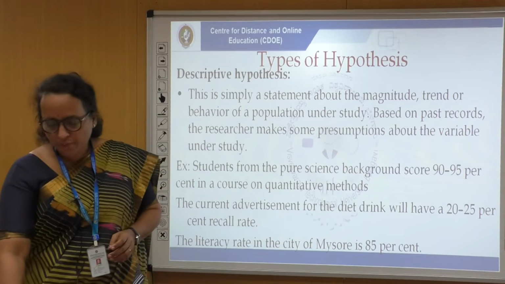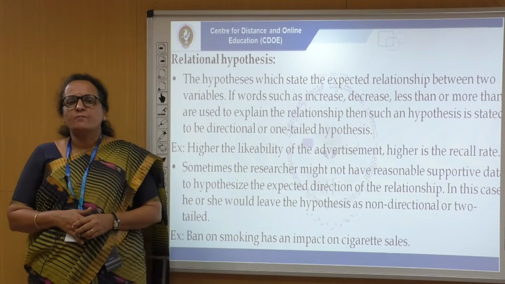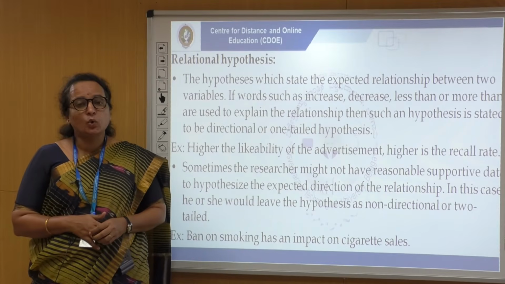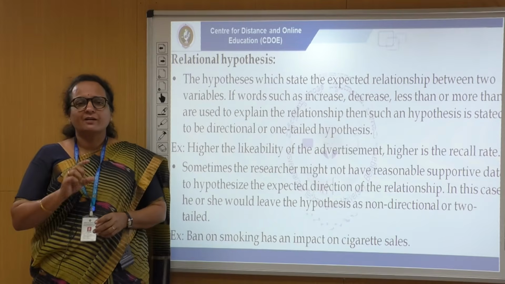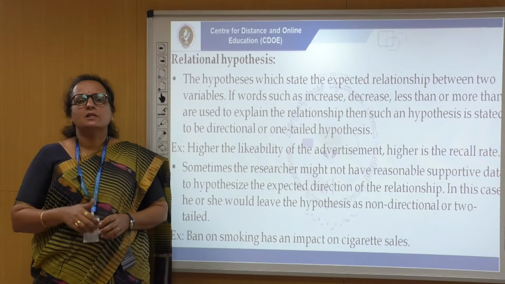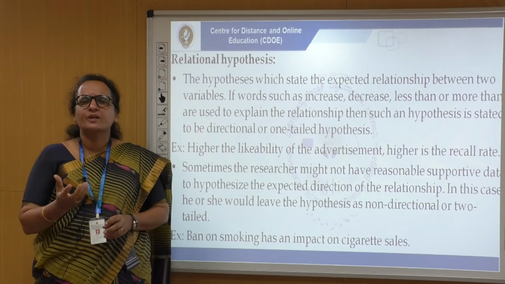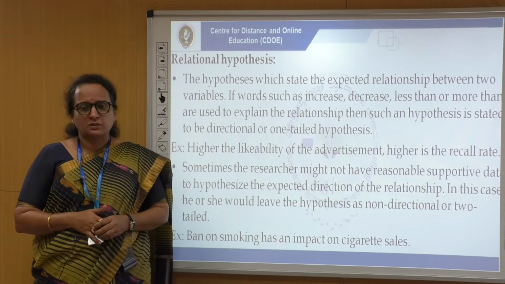Now we will talk about relational hypothesis. The hypothesis which will state the expected relationship between two variables. When the hypothesis is describing the relationship between two variables, then such a hypothesis is called a relational hypothesis, because it is talking about the relationship between the variables, association between the variables.